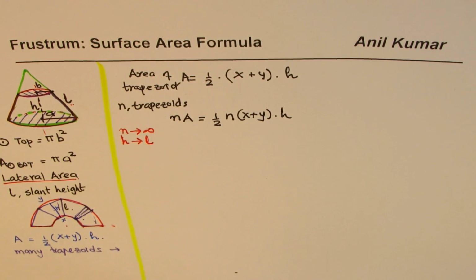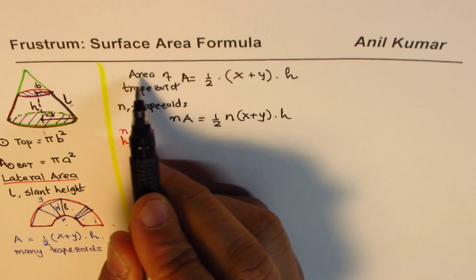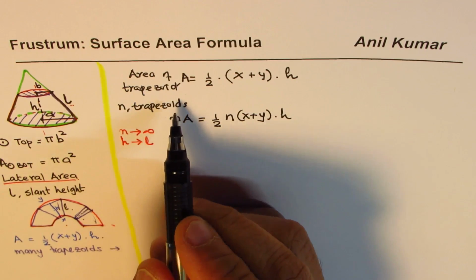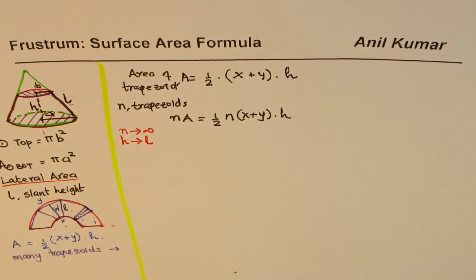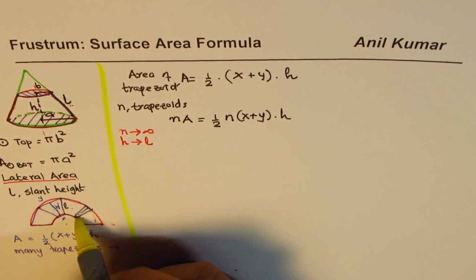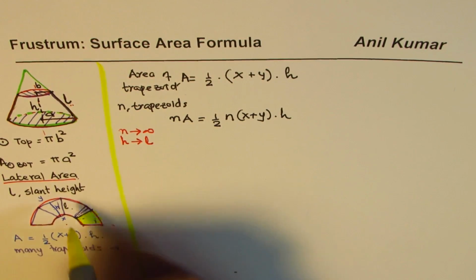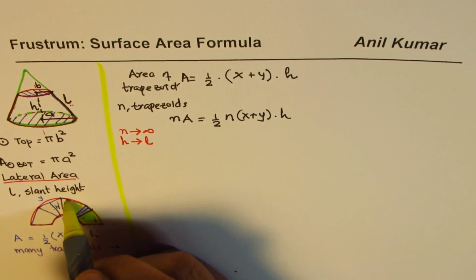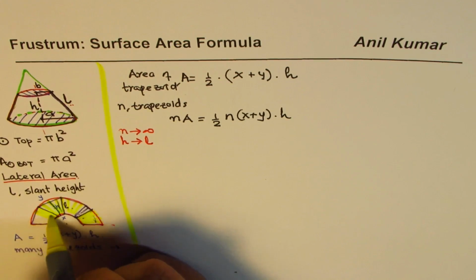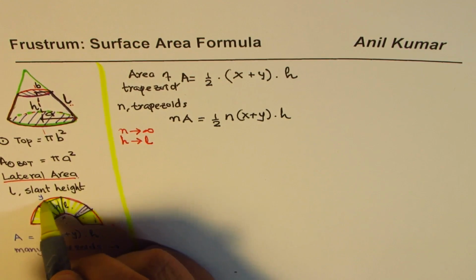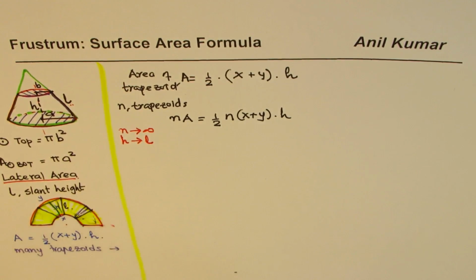So as it increases, these trapezoids are very, very close and they cover the whole space. Do you see that? If I make them very, very small like this, then the height and the slant height will be the same. And the whole surface will be covered. So we'll get the whole area. Approximate, but very, very close. That's the whole idea.